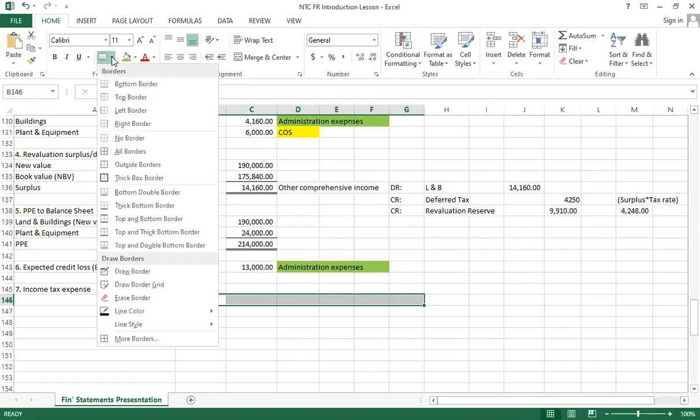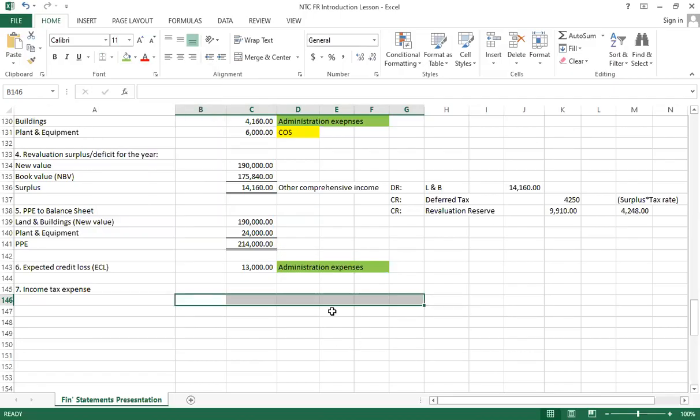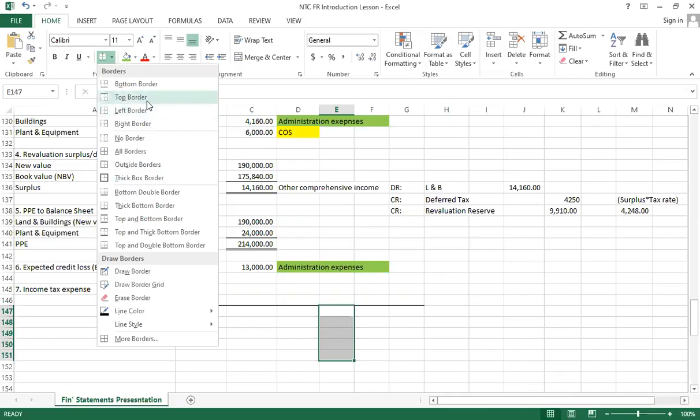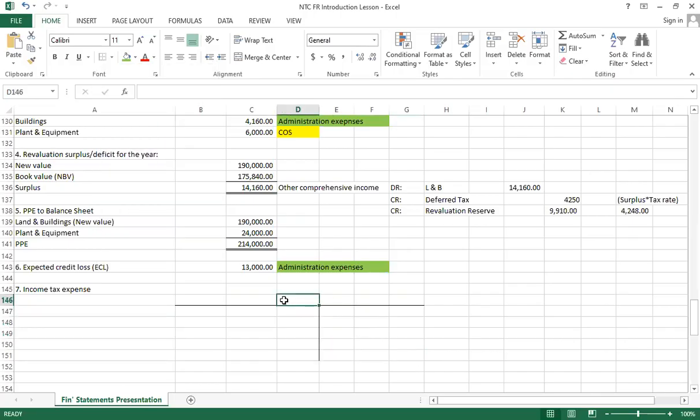So in coming up with the accounts, you just work with the borders: the top of the account, the bottom border, and then the left border. So this is now the income tax account.